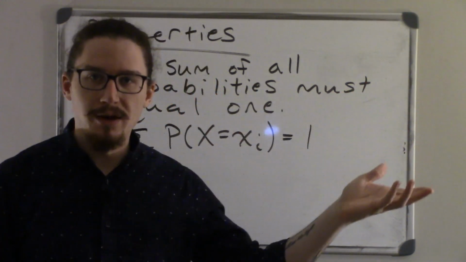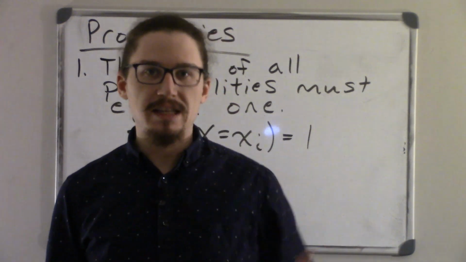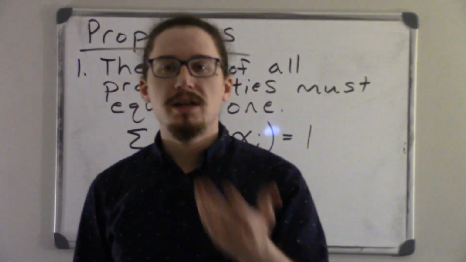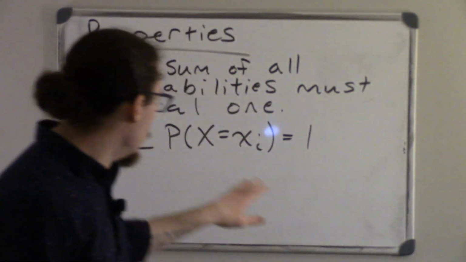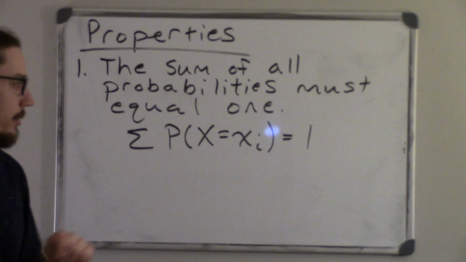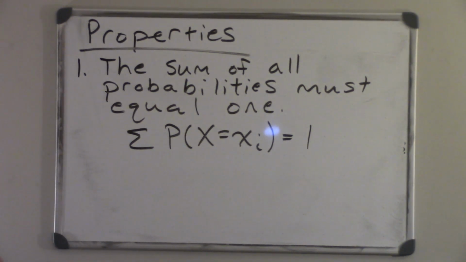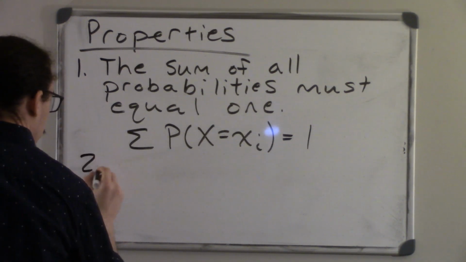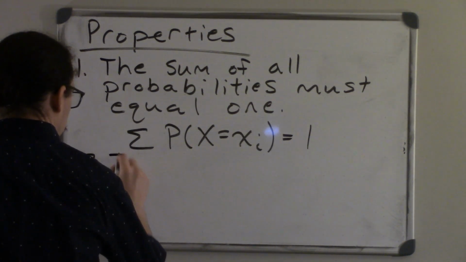So if we're looking at rolling a D4, the probabilities of all of those results need to equal 1, and they do: 0.25 added up 4 times equals 1. So that's what we mean. The sum of the probabilities has to equal 1. Second, the probability of any value must be between 0 and 1 inclusive.